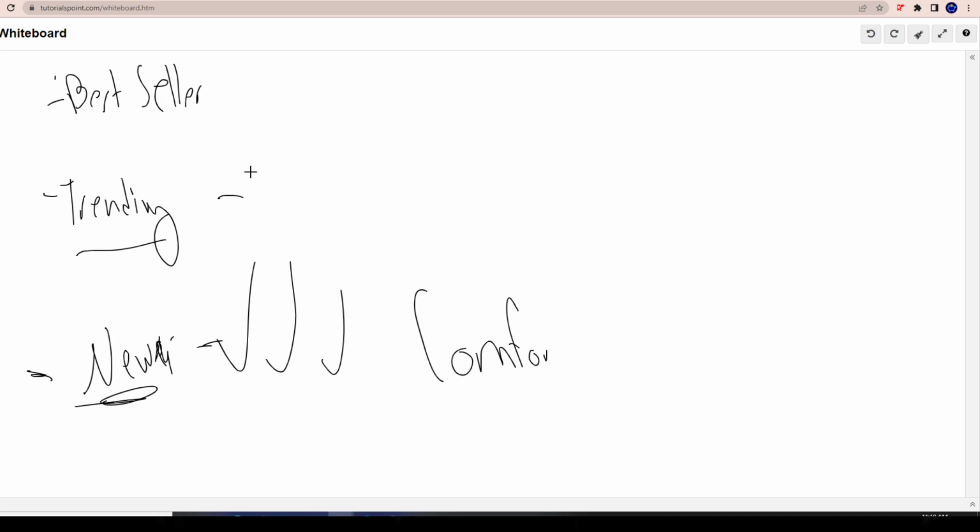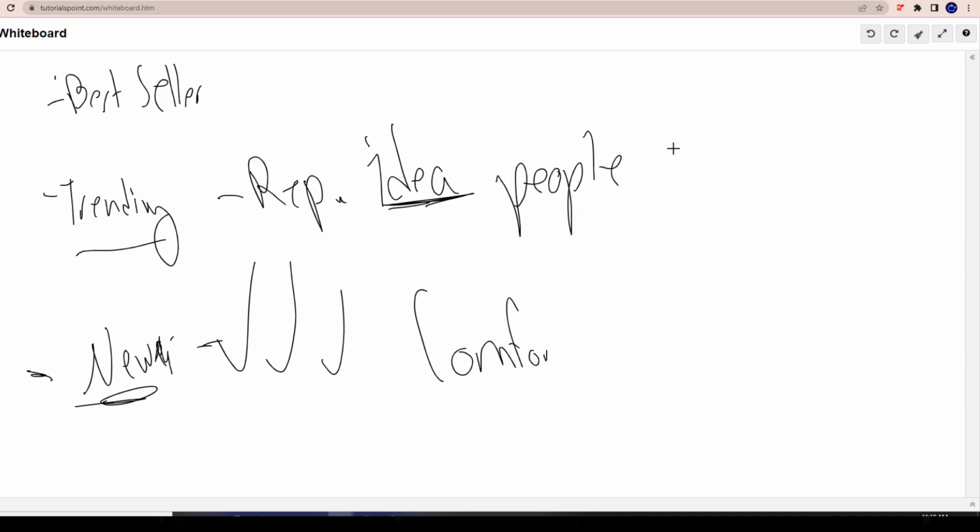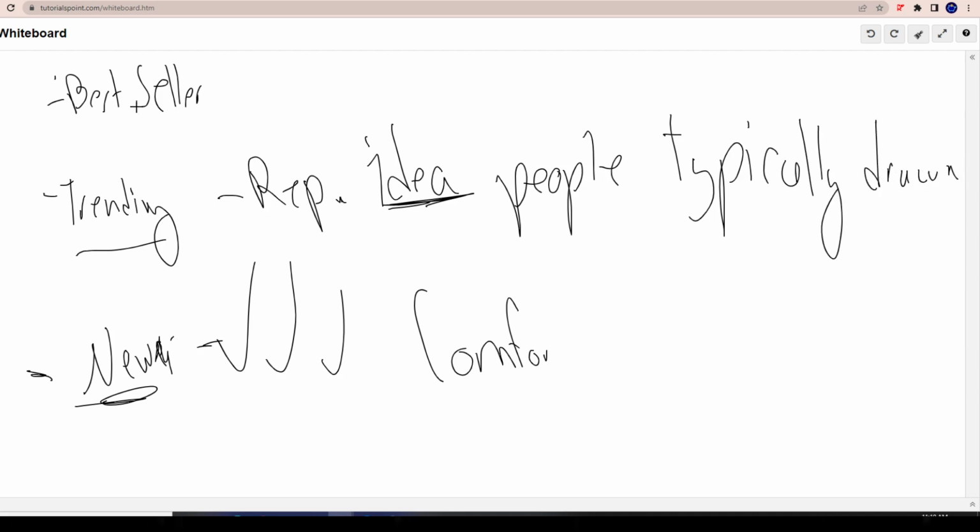So this has to do with replication. Now, this is not always the case. There are so many different reasons why people look for trending designs, but typically they're doing a search with a certain idea in mind, and they're looking for what people are typically drawn to, because bestsellers is really what people typically buy.